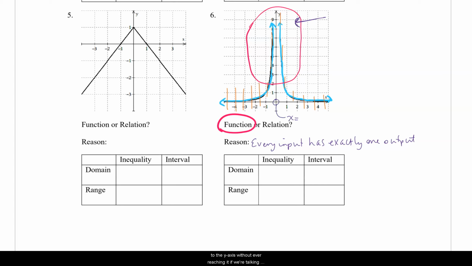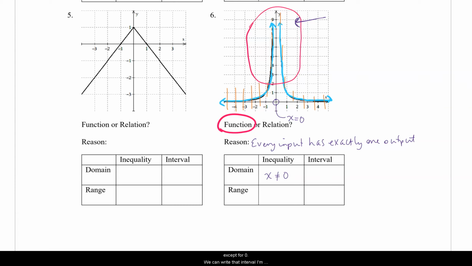If we're talking about the y-axis, what does x equal on that y-axis? X equals 0. So we have every value of x represented except for 0. Our domain is all x values except for 0.